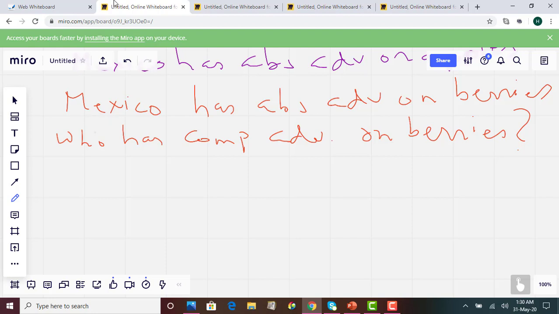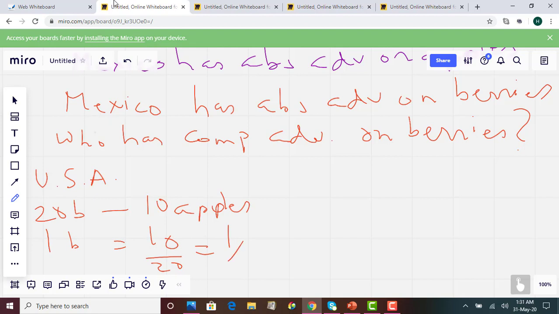So let's first calculate for USA. Okay, so in order to produce 20 berries, USA is giving up 10 apples. And in order to produce one berry, USA is giving up 10 divided by 20, or half an apple. So that is the opportunity cost of one berry in USA.